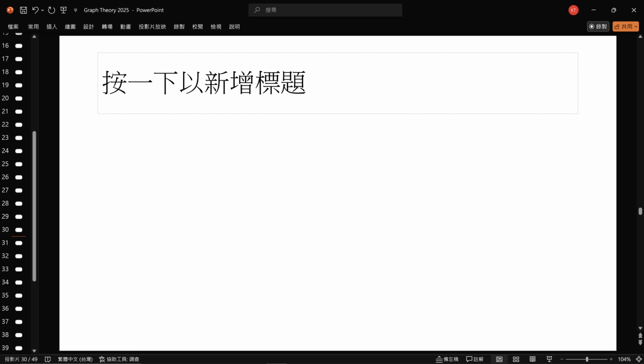Now let's compute all the degrees. For Vn, the degree is still delta, because we remove one edge, but we add one edge back. For X, we remove one of its edges, but we add one new edge to X. So the degree is not changed.